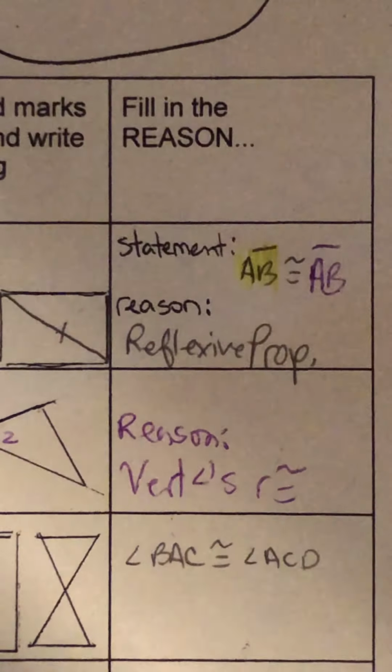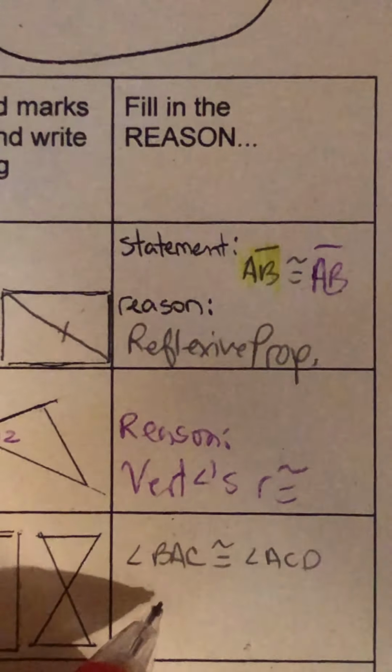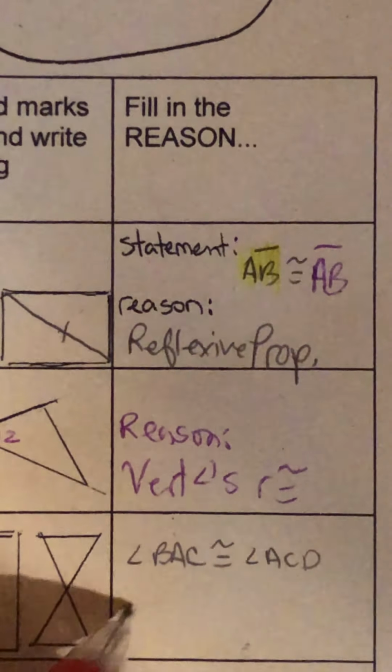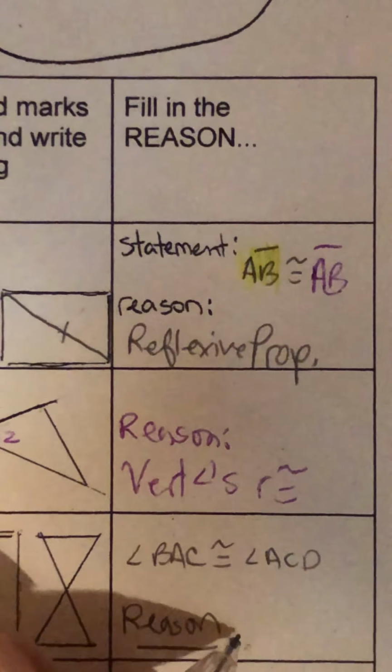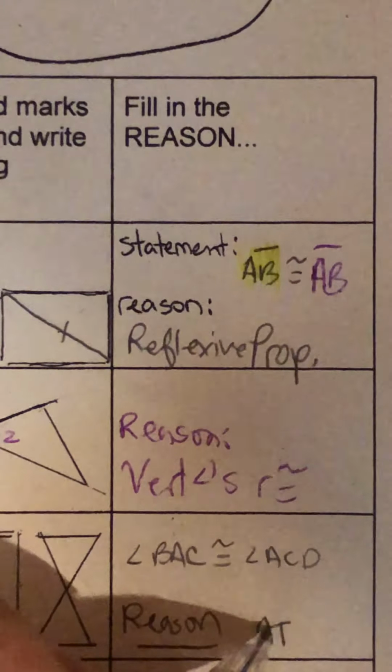And that's one way you could write it, or you could put a number 1 and 2 in there. That's what I usually do. So then you would say the reason on the right is because AIs are congruent.